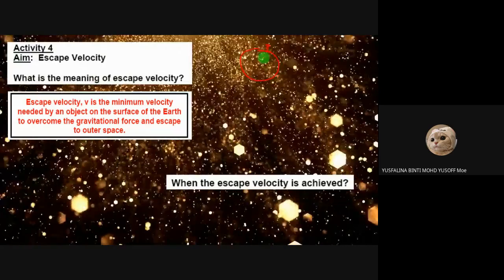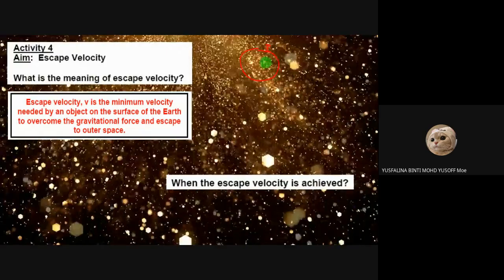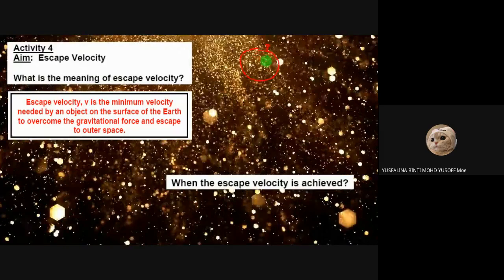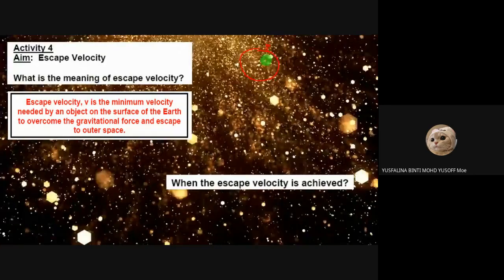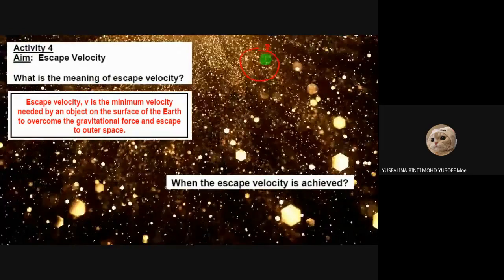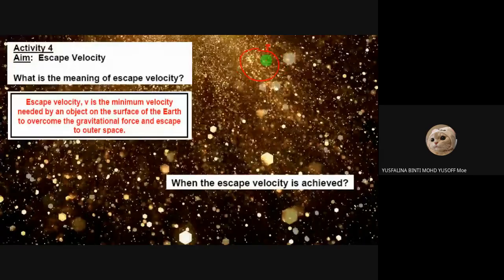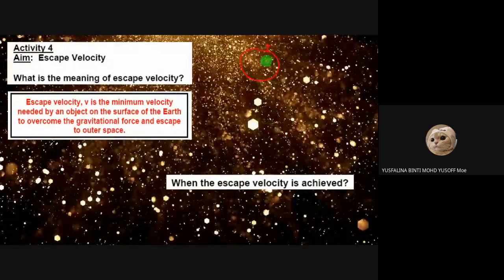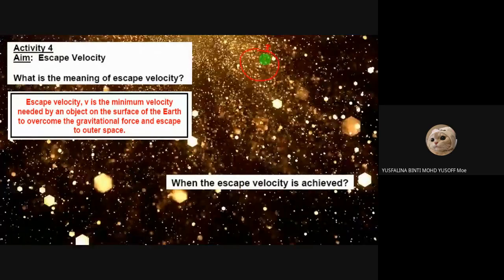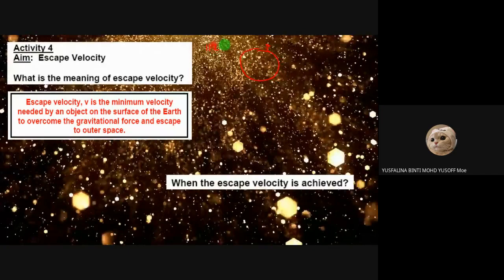But that one is for a person. So we take an example, let's say a rocket. If you want to launch a rocket, we need to overcome the gravitational force of the earth first before it is launched to outer space. So that velocity that we need to overcome is called the escape velocity. That is the minimum velocity. Let's say the escape velocity is 11,200.